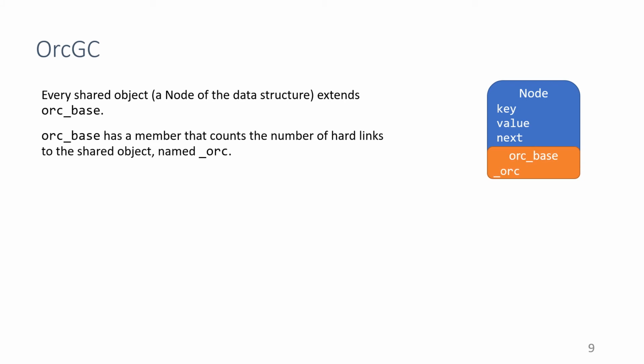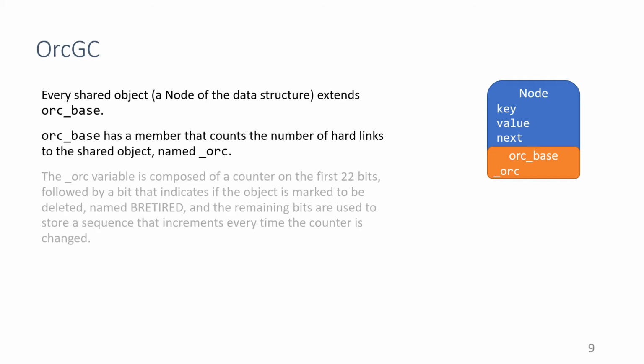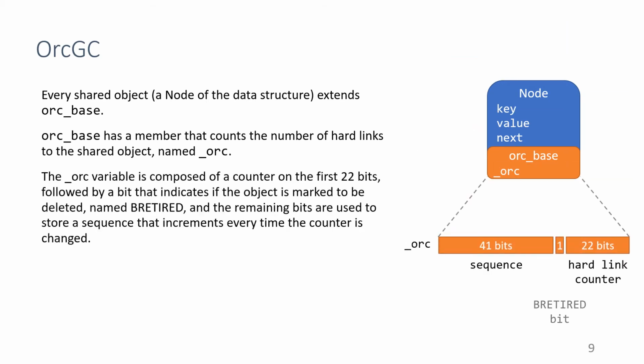OrcBase has a member _orc, and that's the variable that keeps the counter. _orc is composed of the first 22 bits, where the counter is kept, after the 1 bit that indicates if the object is marked to be deleted, so if the object is retired, named BRetired, and the remaining bits is where the sequence is stored, and the sequence changes every time the counter, the first 22 bits, changes.